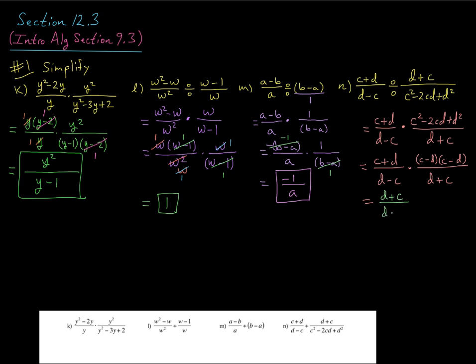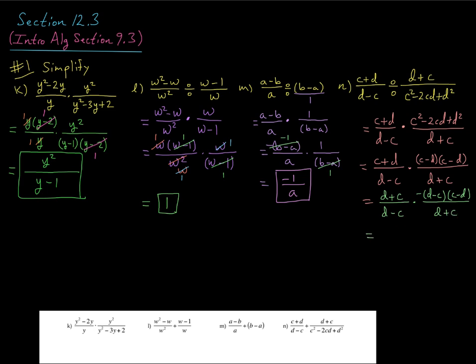Then I have my d minus c. And then here I'm going to flip this first factor of c minus d as minus quantity d minus c. I'll leave this c minus d as it is. And then I still have the d plus c.